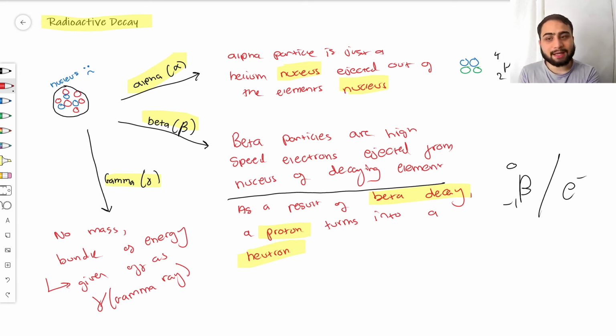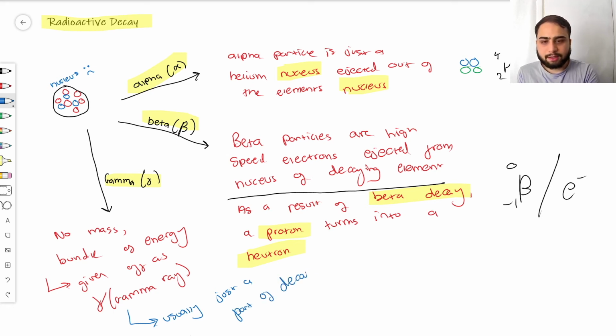And gamma rays itself cannot get rid of enough energy, so this is usually just a part of decay rather than all decay. Okay, so often we see an element that's decaying, it gives off alpha plus gamma, or rather it gives off beta plus gamma rather than only gamma itself.